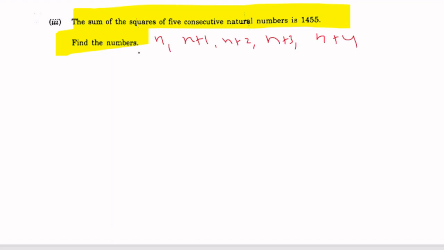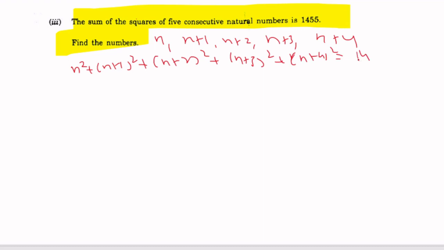And the sum of the squares of these numbers. So n square plus (n plus 1) whole square, (n plus 2) whole square, (n plus 3) whole square, and (n plus 4) square is equal to 1455.